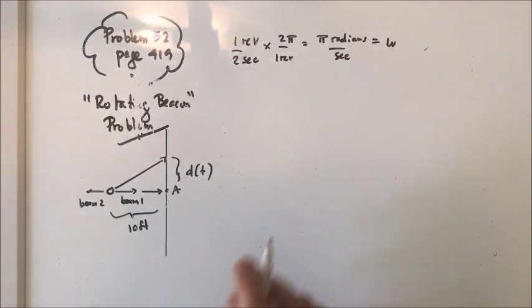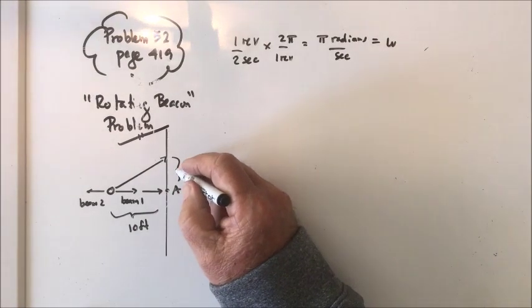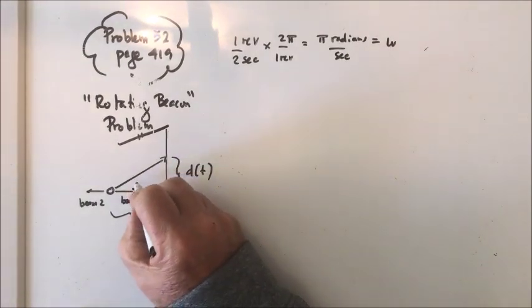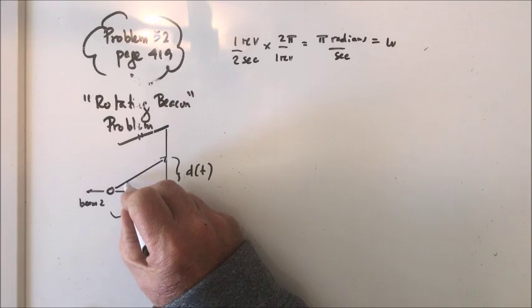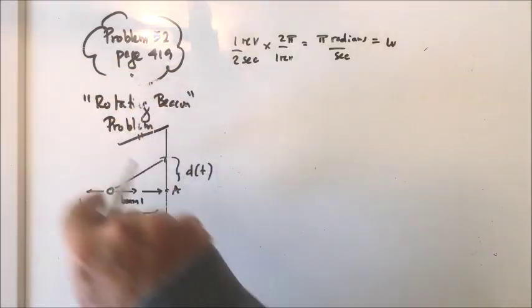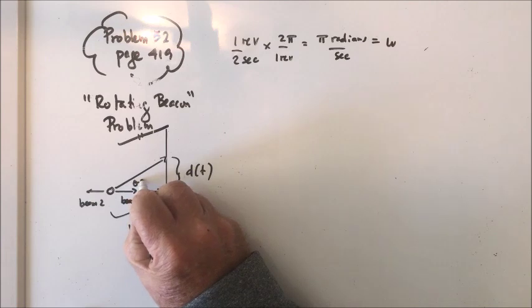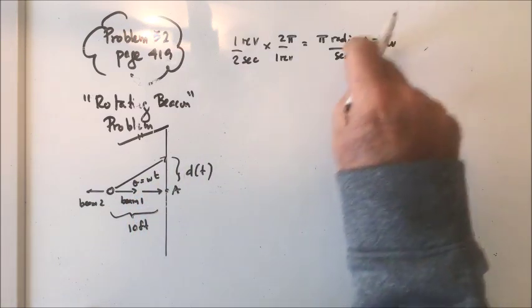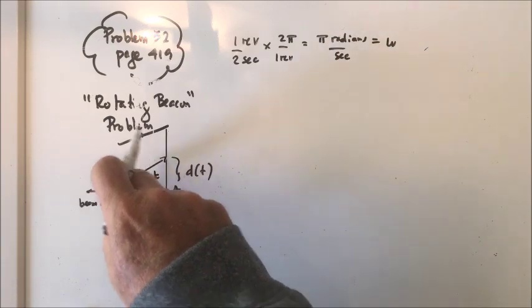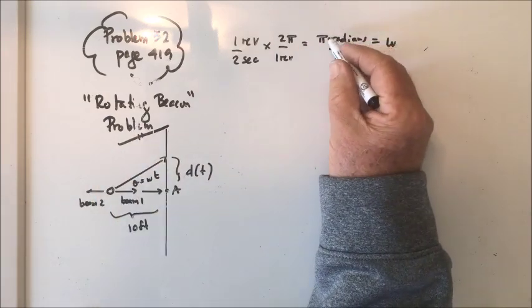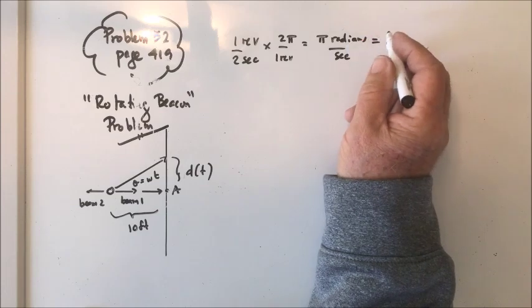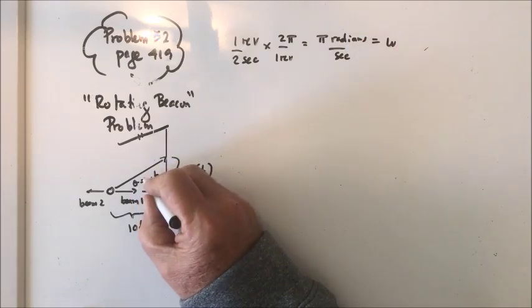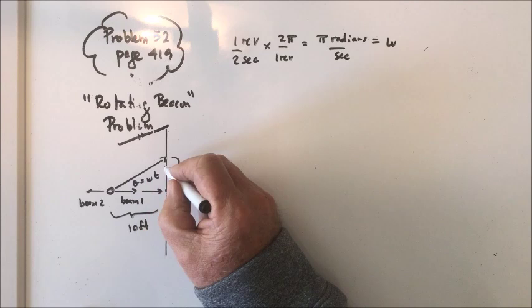Because the next question the book is going to ask is, can you model this distance for us here? And I think you can, because if we let this angle, which is a function of time, open up as the beam rotates, we call it omega t, because after all, in t seconds, this angle increases by pi t radians. So we're going to call theta omega t.